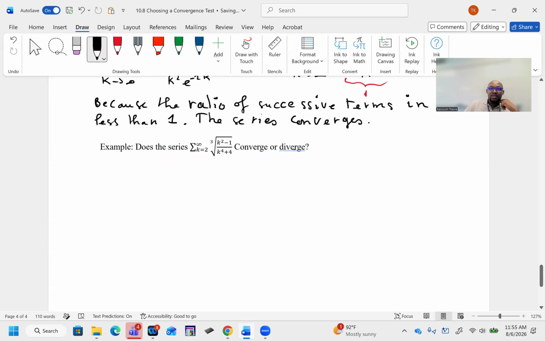Last but not least, does the series sum from k equals 2 to infinity of cube root of k squared minus 1 divided by k to the power of 4 plus 4 converge or diverge? So, again, solution. If you look at this one, the divergence test is inconclusive again.